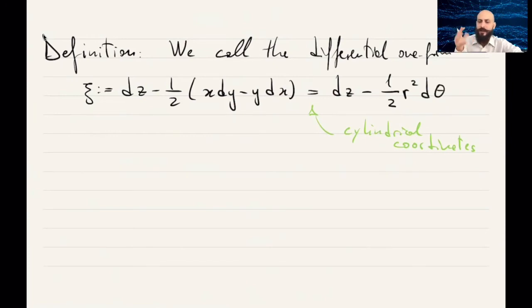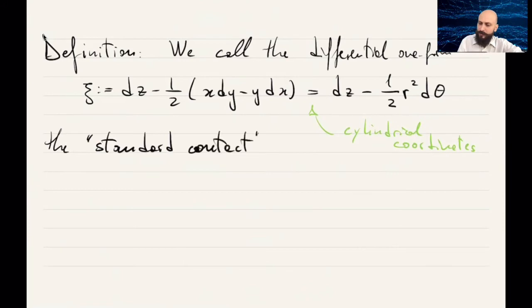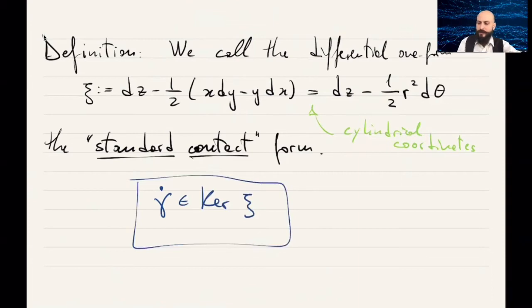So it's cylindrically symmetric. We call such a one form the standard contact form. Remember that we are interested in the equation gamma dot is in the kernel of xi. So now let's try to study, from the geometric point of view, what this kernel is.